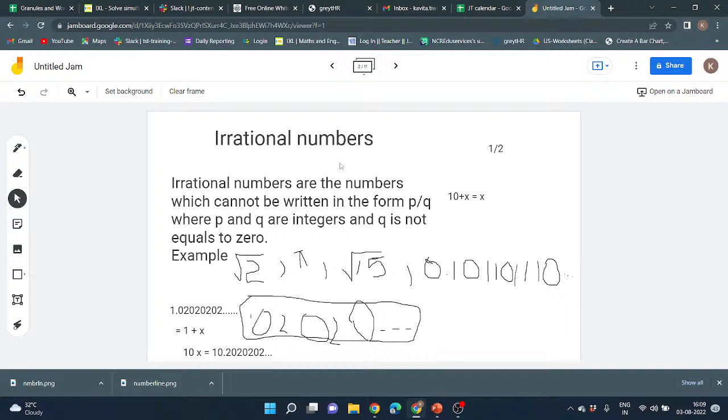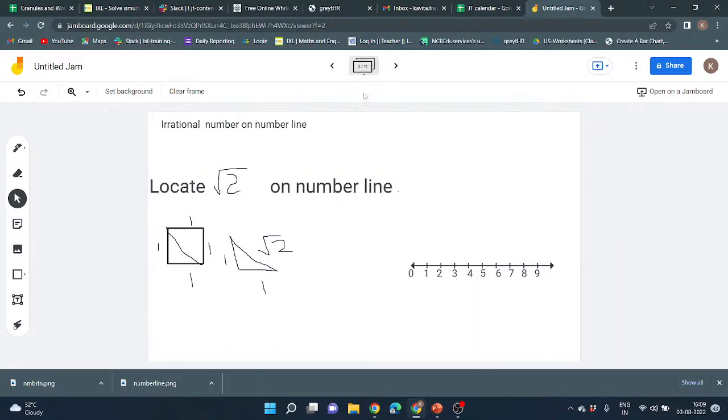Let's locate these irrational numbers on the number line. So let's take an example that we are going to locate root 2 on a number line. We know that root 2 is an irrational number. And how can we locate an irrational number on a number line?